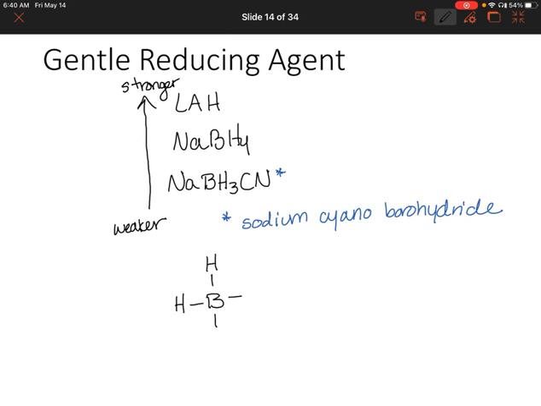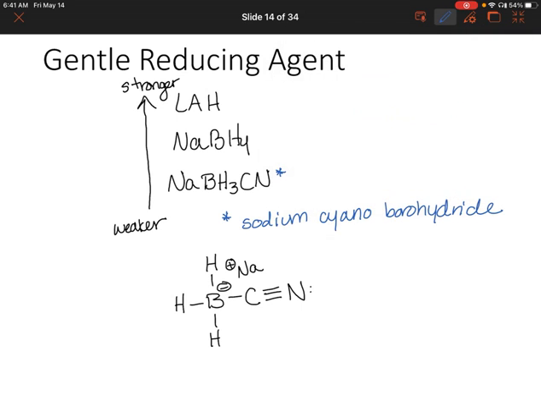So we still have 3 hydrogens attached to boron, but the 4th hydrogen is now a cyanide group, or a cyano group. So boron is negatively charged since it's bonded to 4 different groups there, and sodium is going to balance that negative charge.